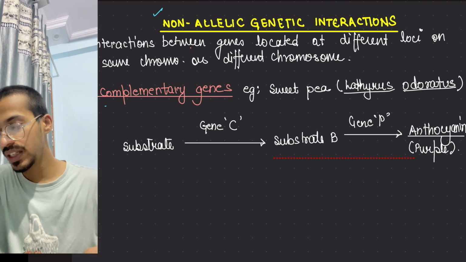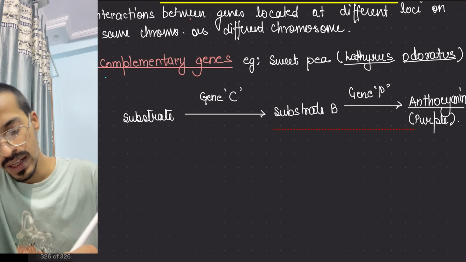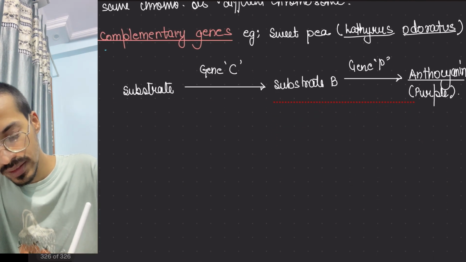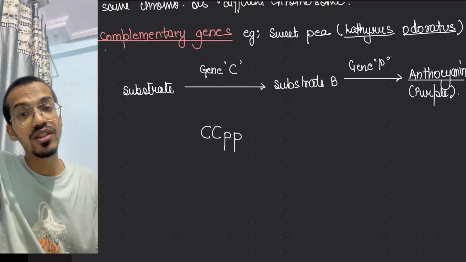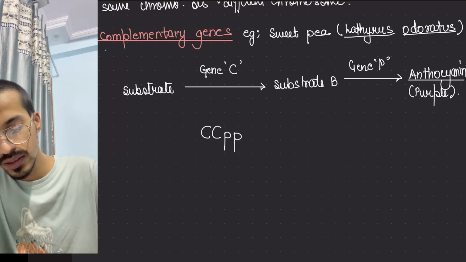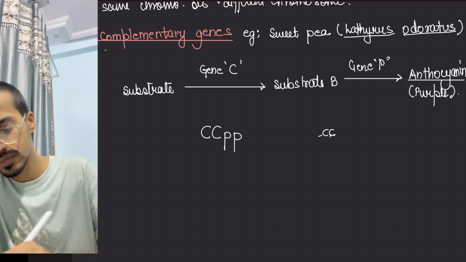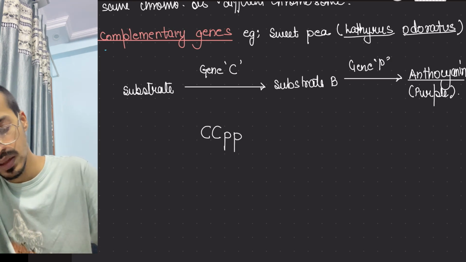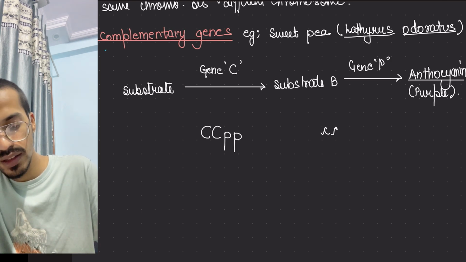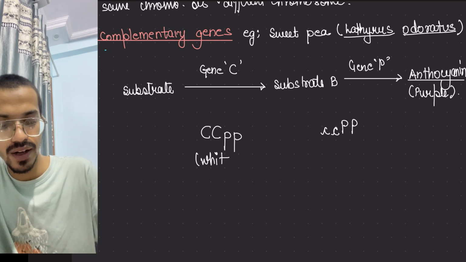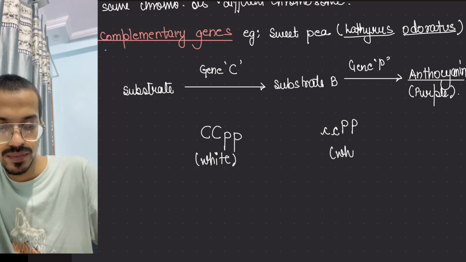For example, if you have two plants, the first one is capital C, small p, and the other is small c, capital P. In both cases, the sweet pea plant will have white flowers.